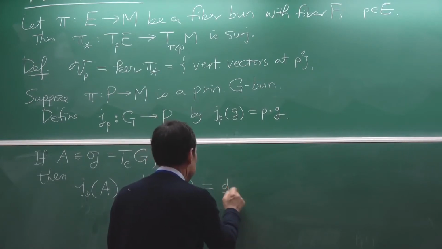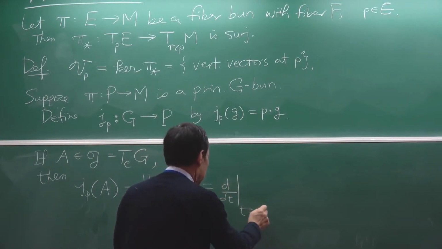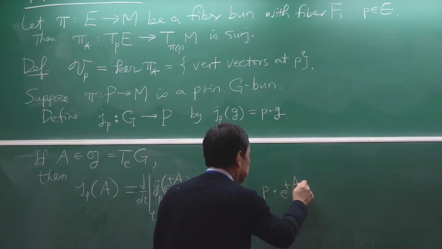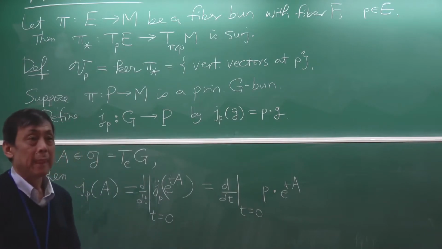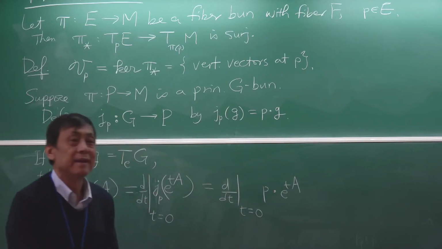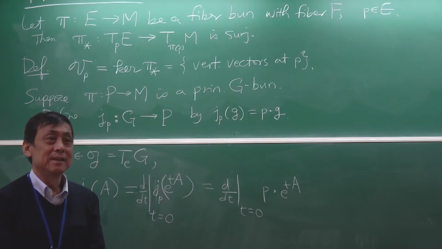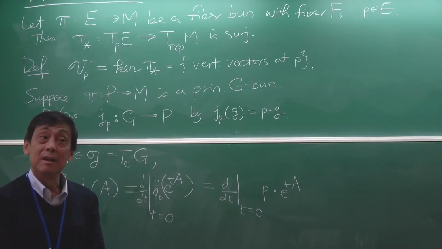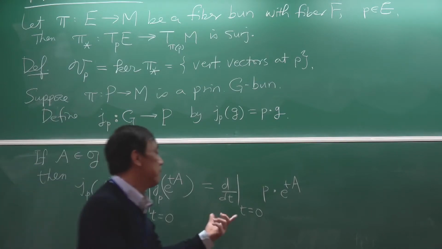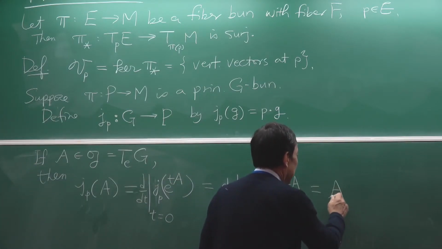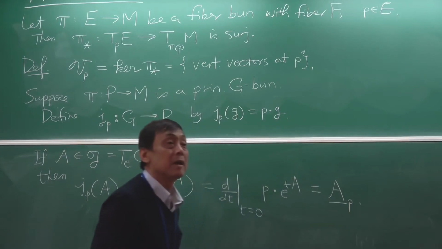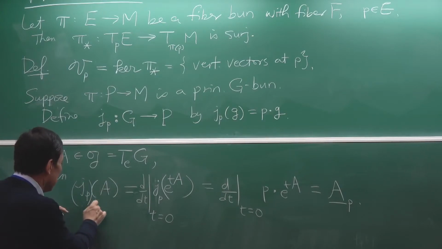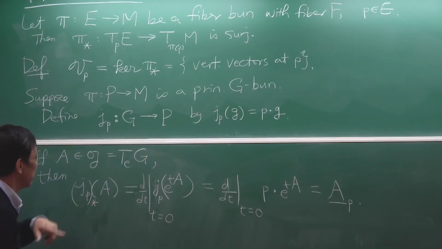And therefore J_p star of A is d/dt at t equal to 0 of p dot e to the tA. And what is this? It's the fundamental vector field at p. Sorry, there should be a lower star here; I want to compute the differential of J_p.